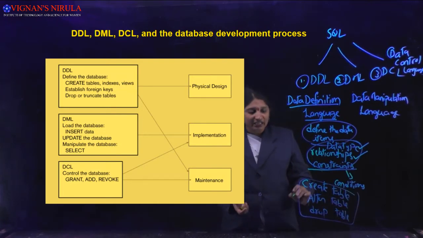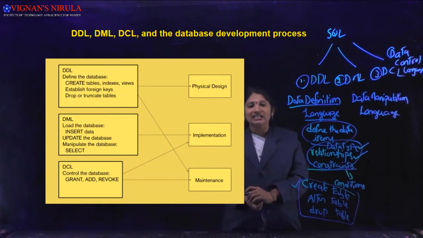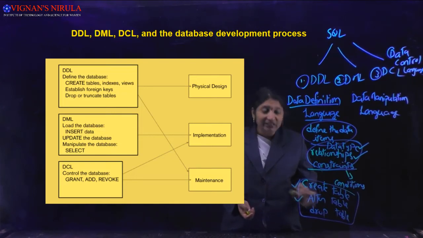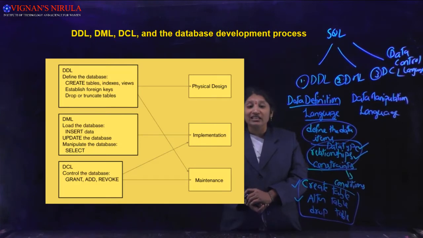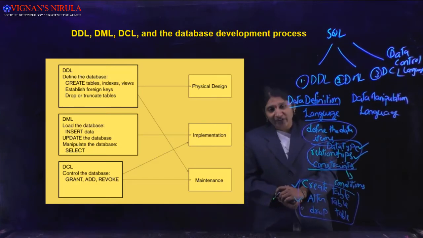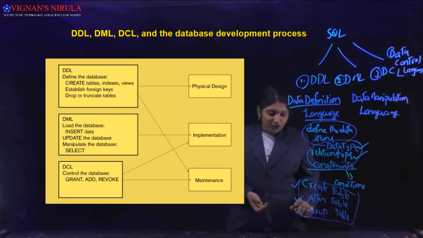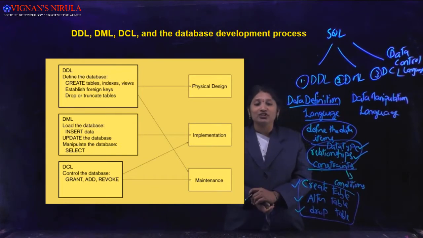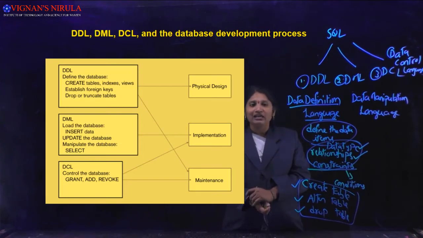So the create table command can be used to create the relations, alter table command can be used to alter the definition of already defined relations, and the drop table command can be used in order to drop, that is, in order to delete the table that already exists in your database. So all these three commands come under the category of your DDL, that is data definition language commands.